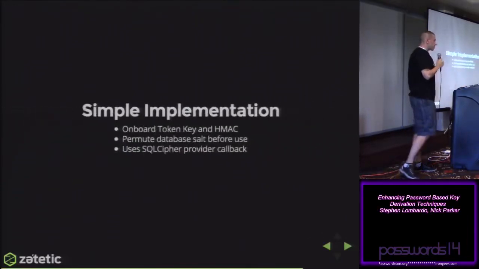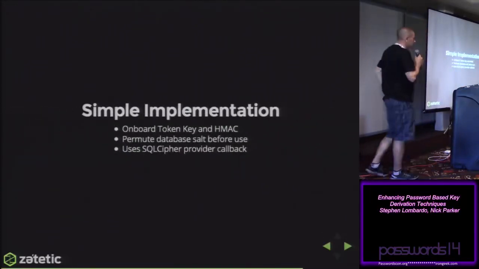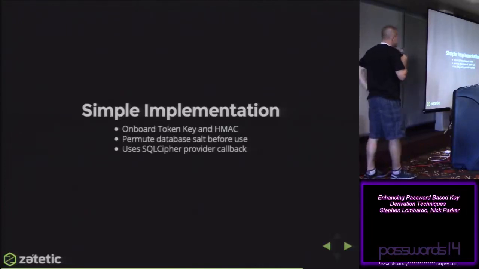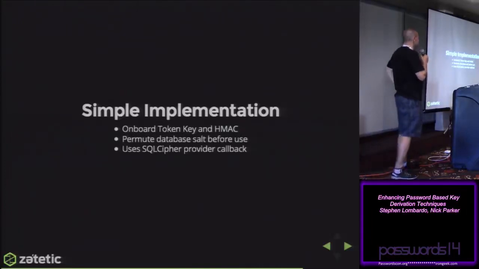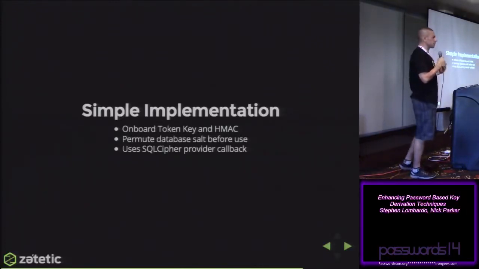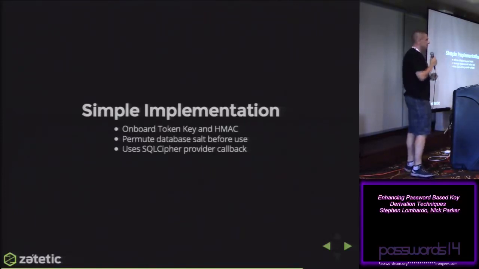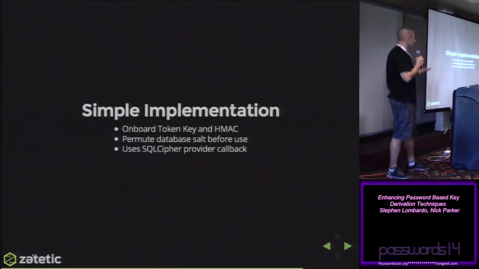So our simple implementation is really to use this onboard token key and HMAC, and we don't want to fundamentally change PBKDF2, right? We don't want to fundamentally change the key derivation algorithm, but we want to say, well, how can we enhance it a little bit? And the solution that we've come up with that works really well in this case is to permute the database salt before we use it.